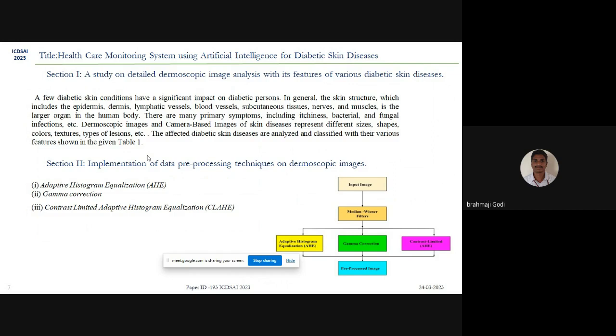So one input, after pre-processing with EHE, is sent to gamma and gamma to CLAHE. In such a way, we try to synthesize the camera based image so that we can filter the image very clearly and get a clear-cut projection. That is the only reason we have done this three step pre-processing method, sir.